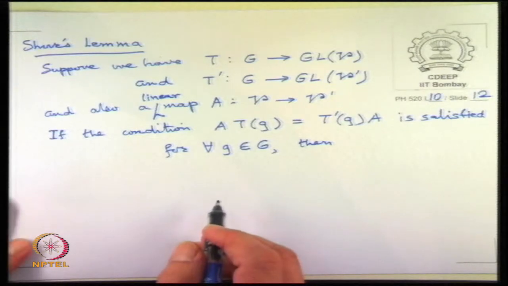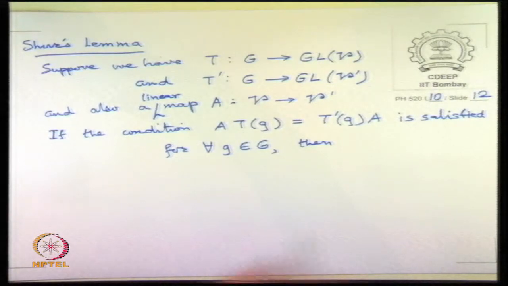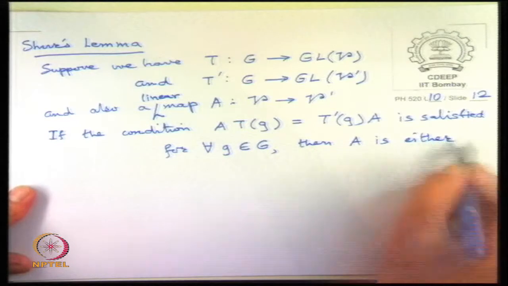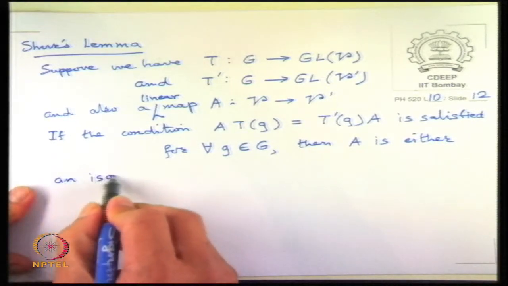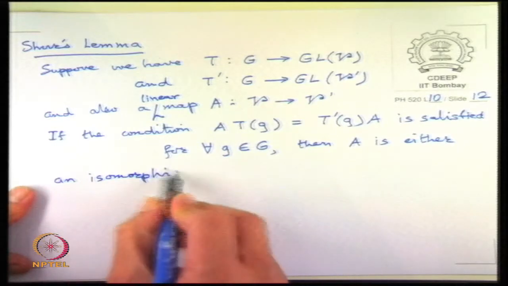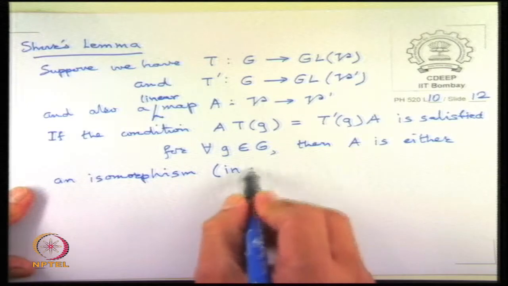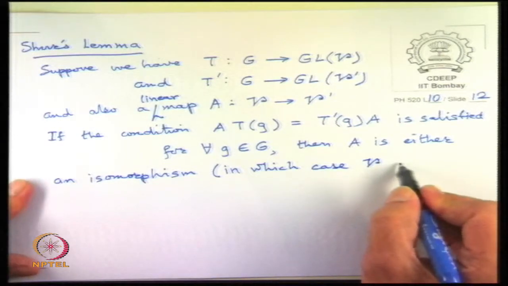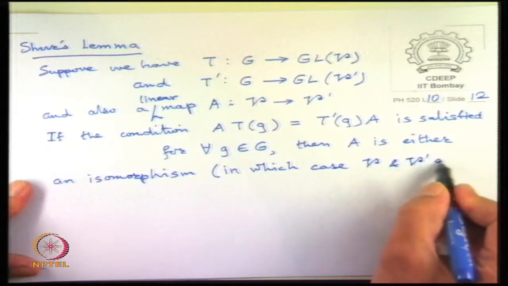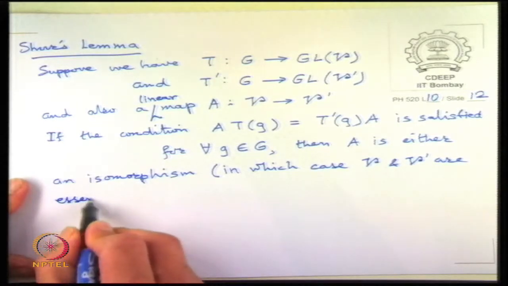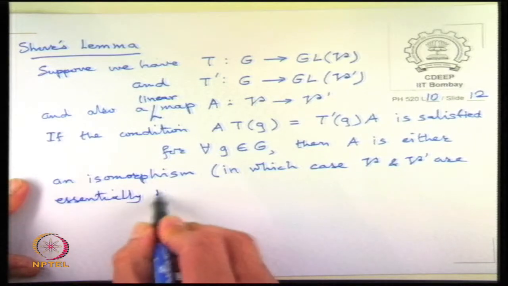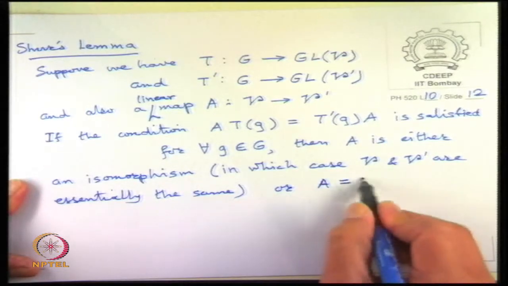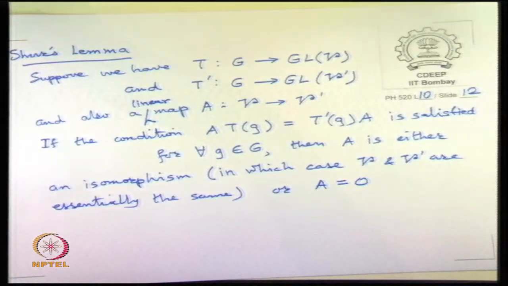A is an isomorphism or A is 0. And let me add here, in which case V and V prime are isomorphic, are essentially the same. Or A is 0, the matrix A is 0. Okay.